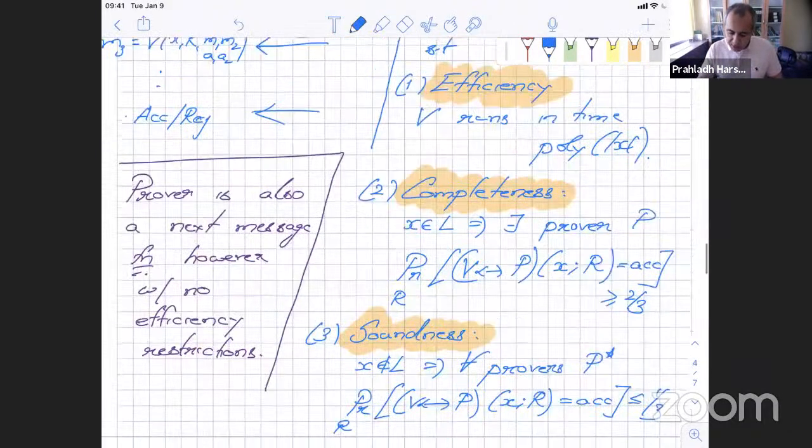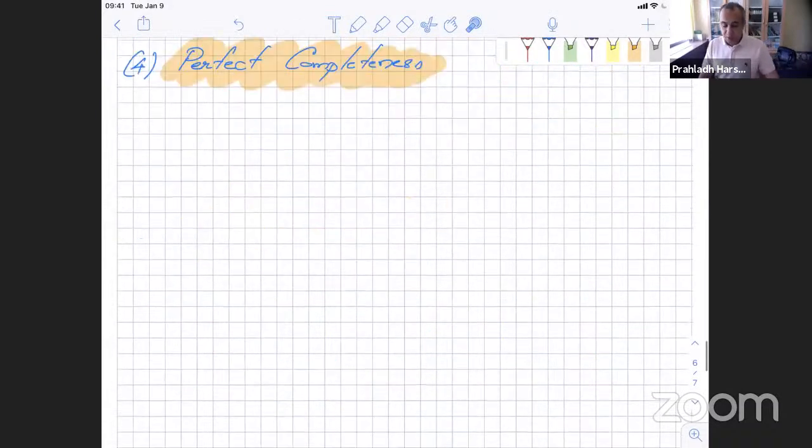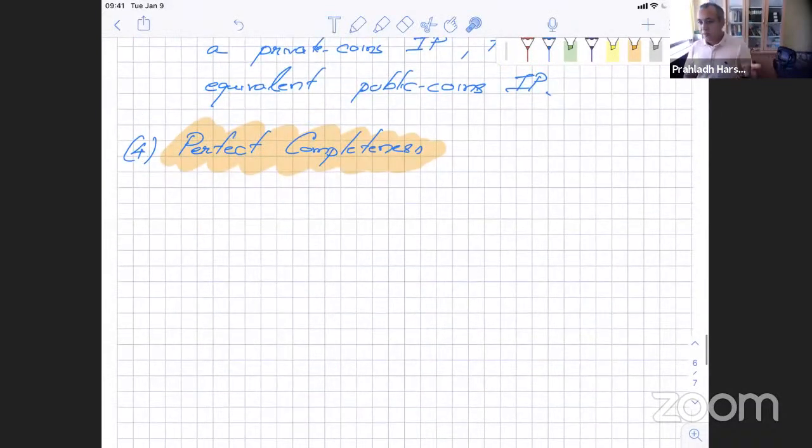In the yes case, the answer was 2/3, and in the no case, the answer was at most 1/3. If in the yes case this answer was 1, it's called perfect completeness. The graph non-isomorphism protocol I gave had perfect completeness. And what we will show, actually it will be in your 5th problem set, is that any IP protocol can be converted to one which has perfect completeness.